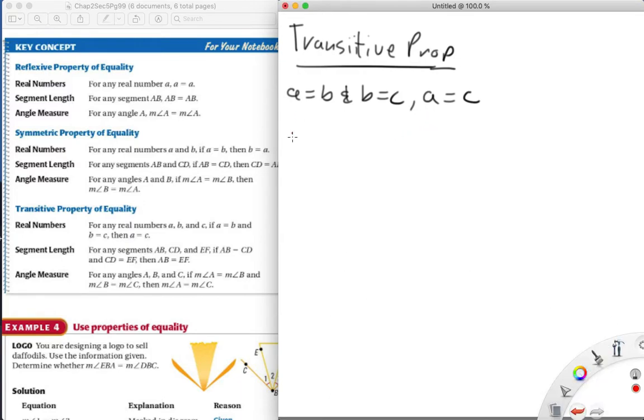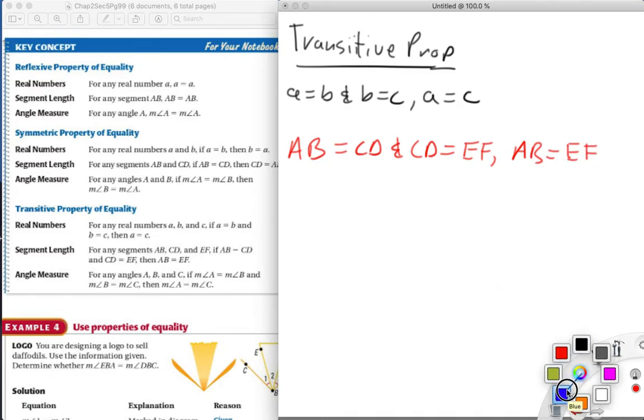Alright, for line segments, if AB equals CD and CD equals EF, well then we can say that AB equals EF. Makes sense to me. And then for angles, same thing.